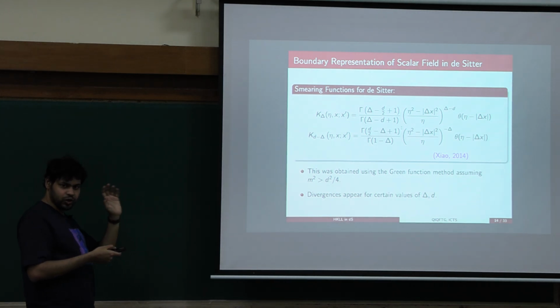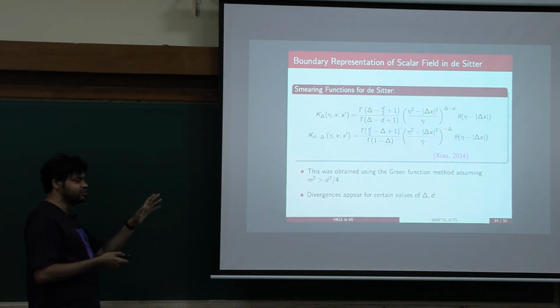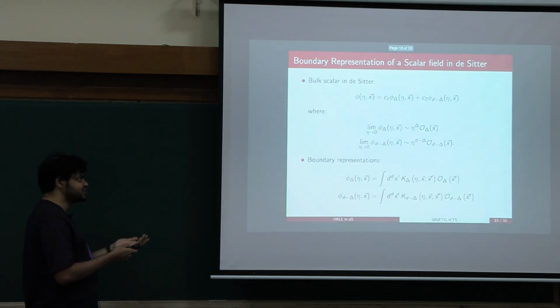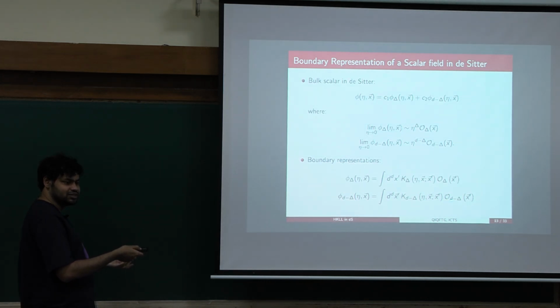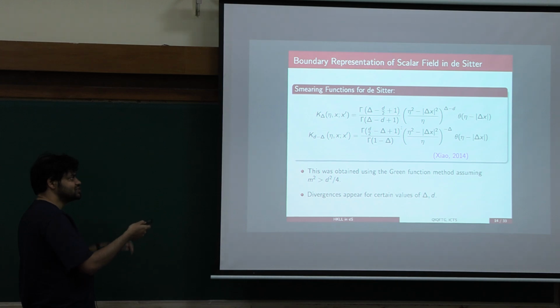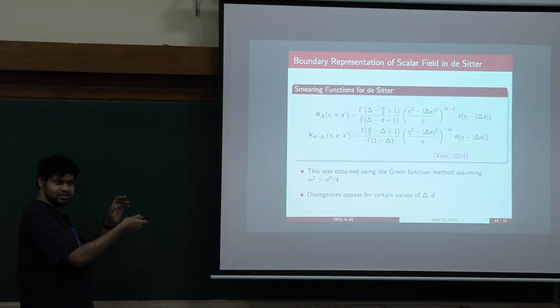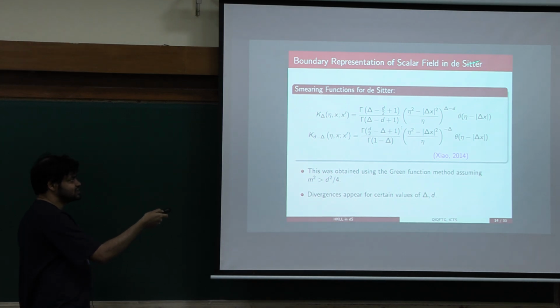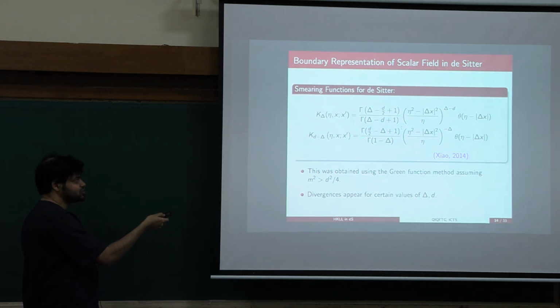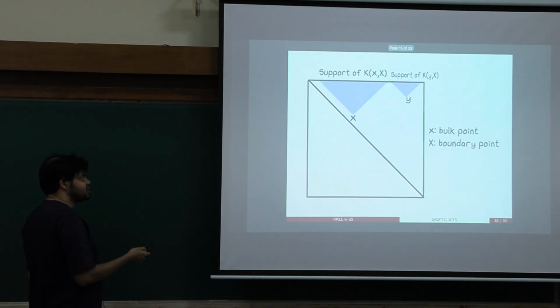If you started with HKLL for one field and Wick rotated, you would not get it, because now you have two smearing functions. But if you consider two fields with different conformal dimensions and take the Wick rotation, what I want to say is that these smearing functions are just Wick rotated from AdS smearing functions. So that way you can directly calculate the smearing functions.